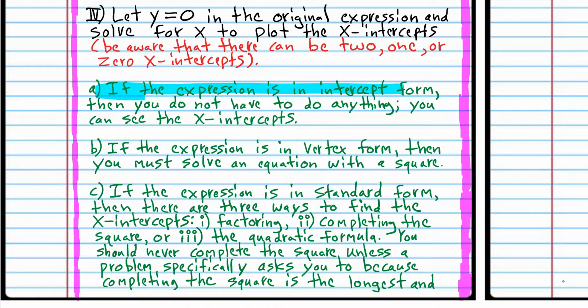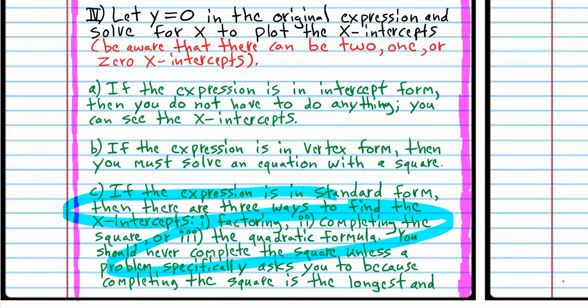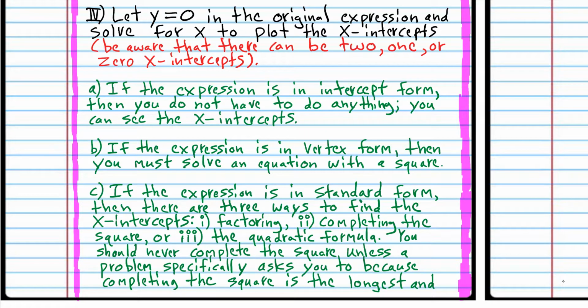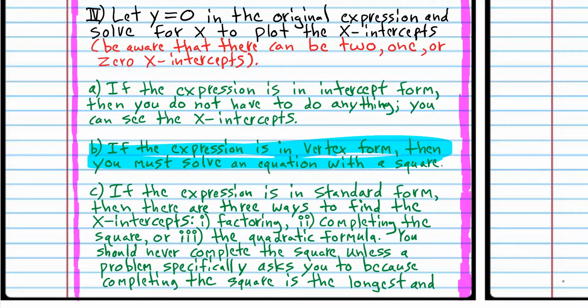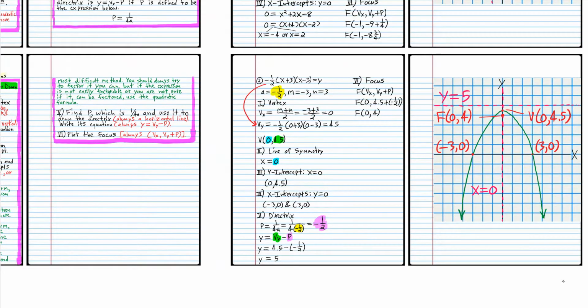In the previous problem, we had intercept form, so we could just see the x-intercepts just by looking at it. In the first problem we did, we had to use factoring. One of those three methods, factoring, completing the square, or the quadratic formula, and factoring worked. But in this situation, we have vertex form, so we can just solve an equation with the square. I wanted you to be aware of that, so you know how to use those steps. That tells you what to do.